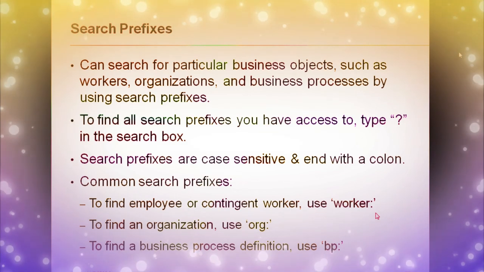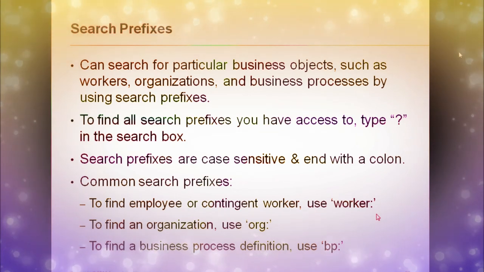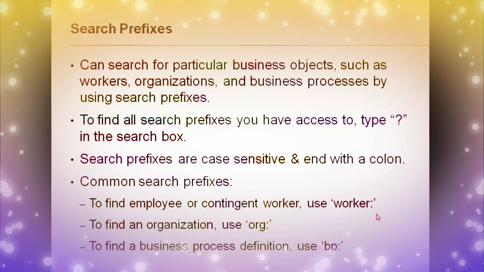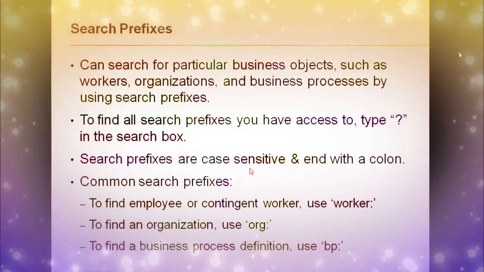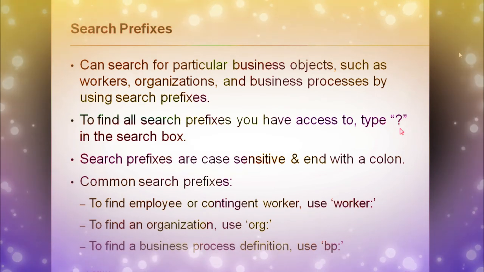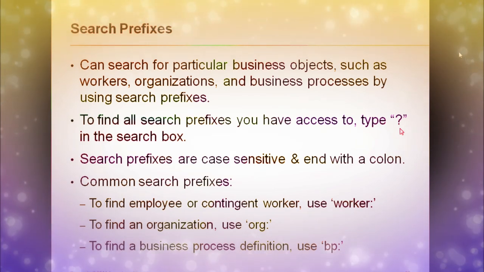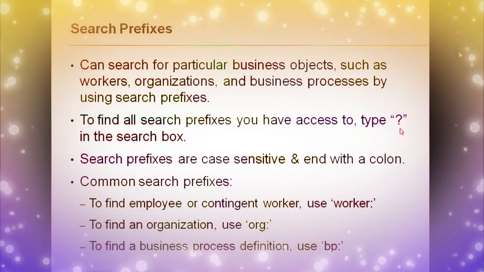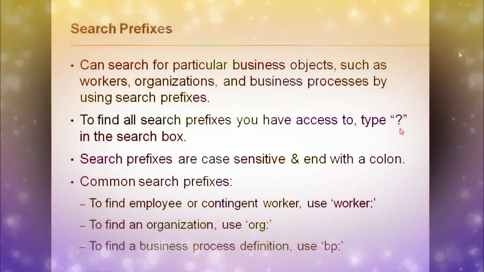All these are the prefixes that have been used. And how do we find them? You can just put a question mark in the search box to know what prefixes are being used.